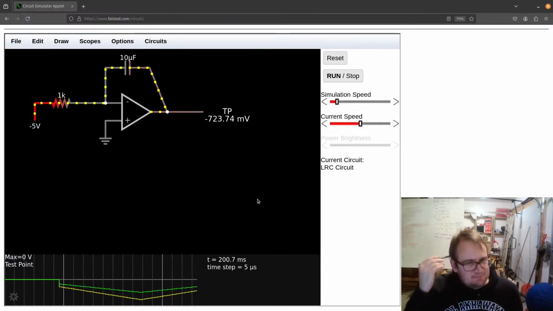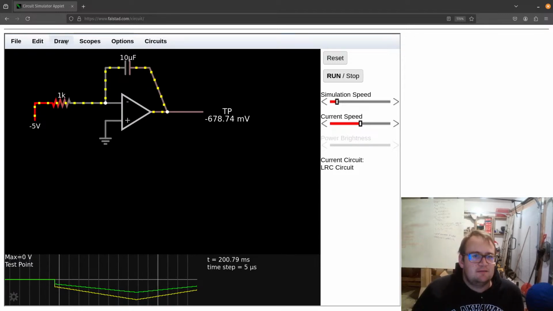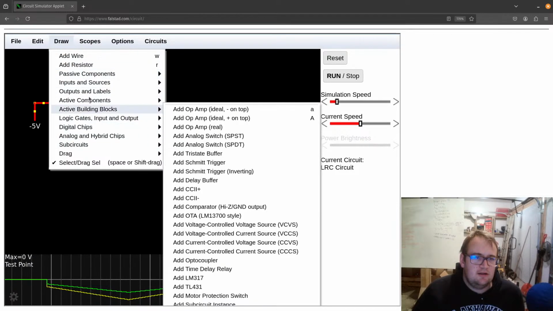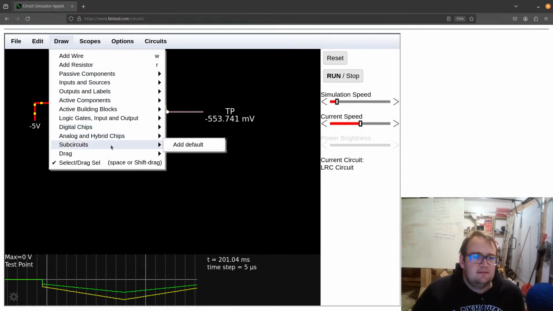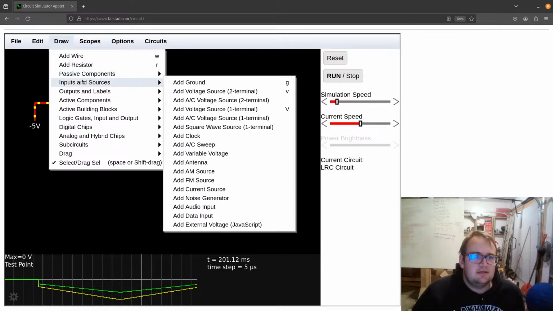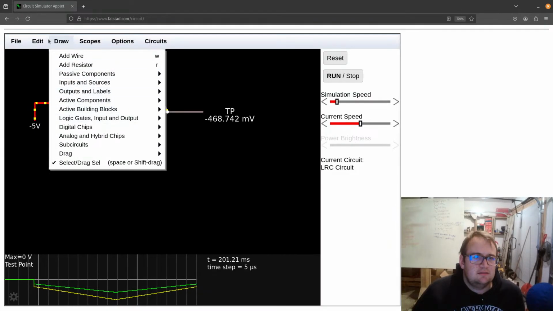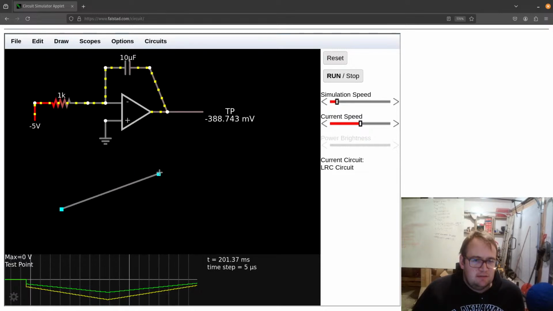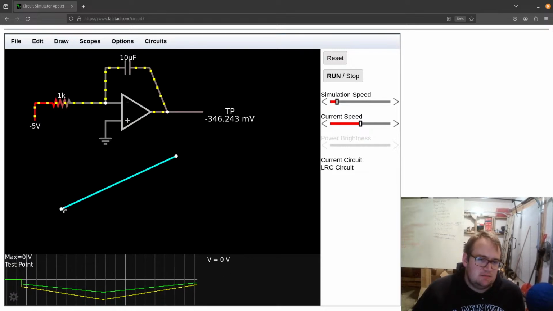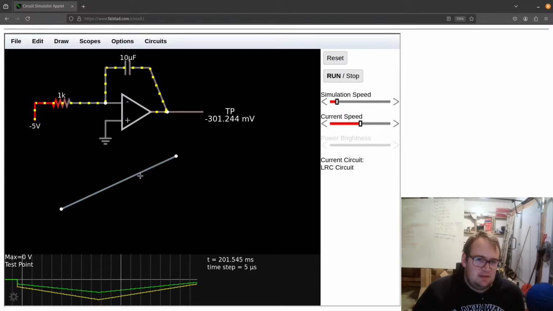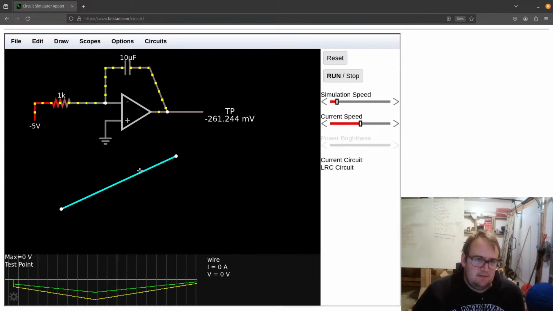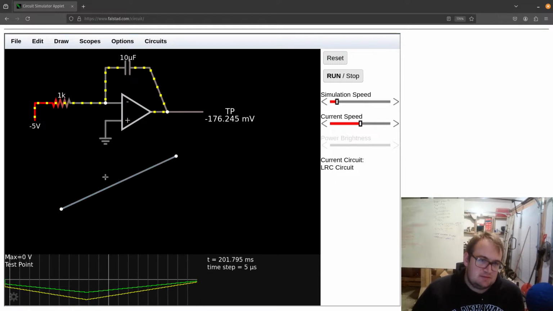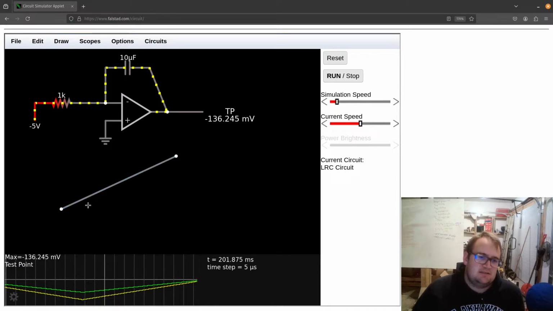I think I can draw a line here. Where is it? Maybe I can't. I'll just draw a wire then. So this is plus 5 volts to me. Like that, we have a positive slope.